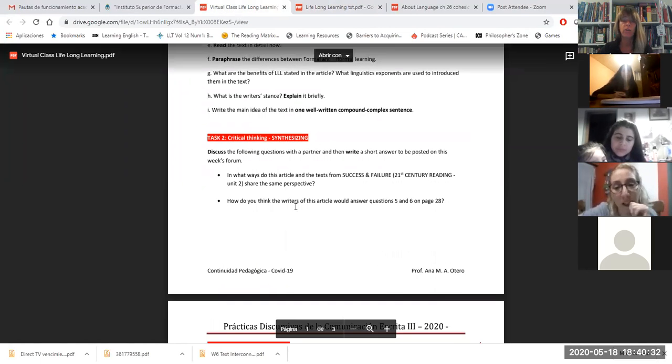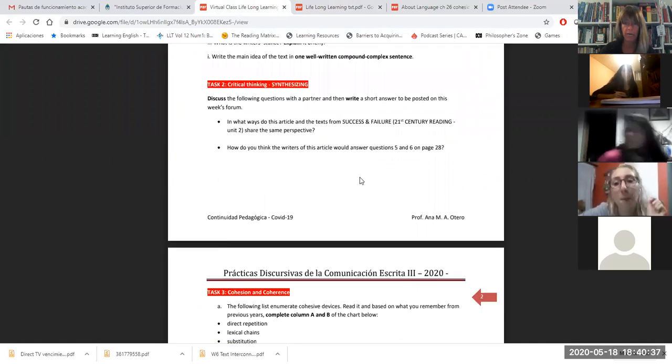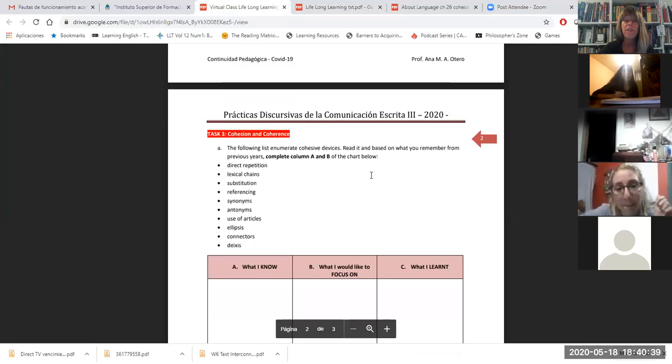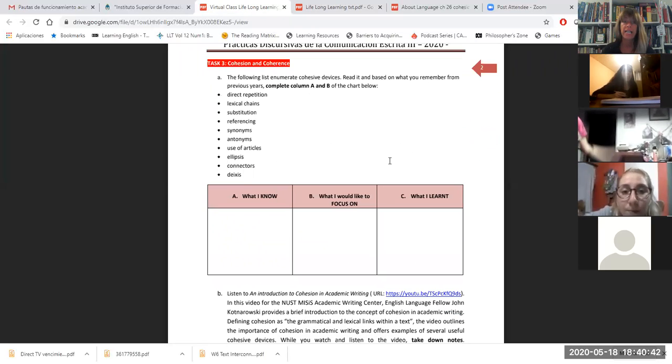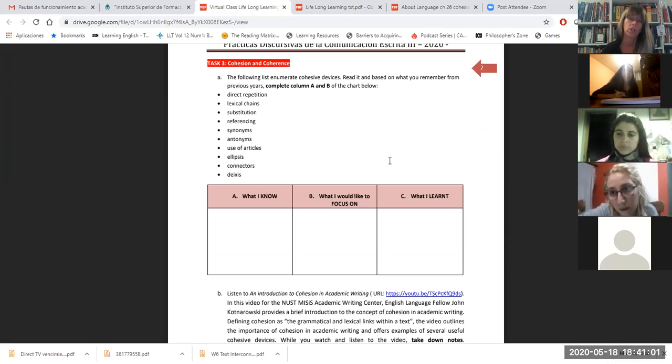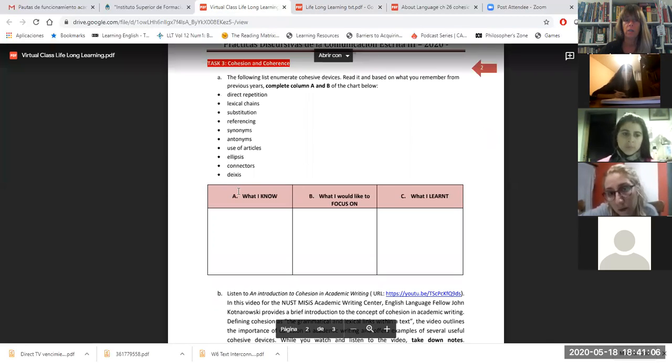This critical thinking synthesizing is what you wrote in the forum. The focus of this lesson was to revise and enlarge our knowledge on cohesion and coherence. What we saw last year about cohesion and coherence are these devices here.